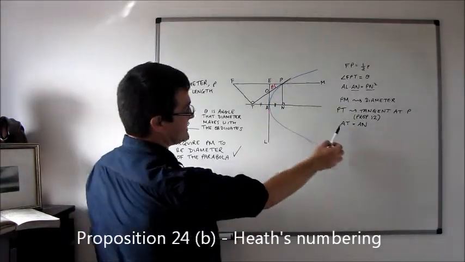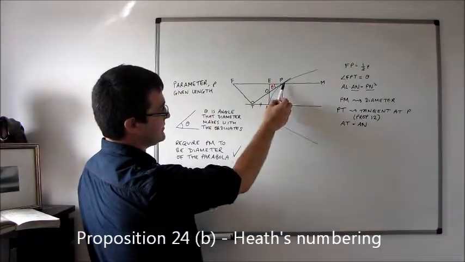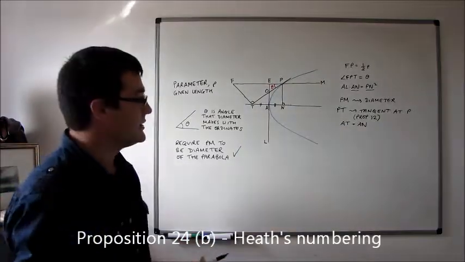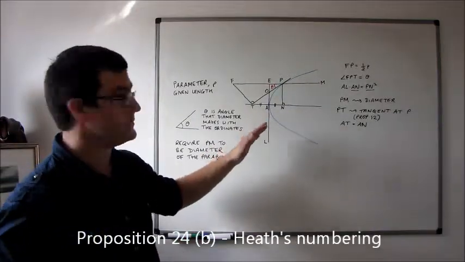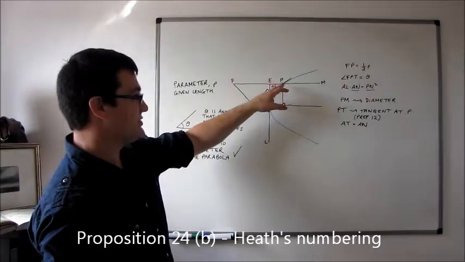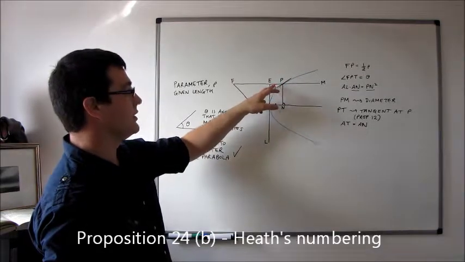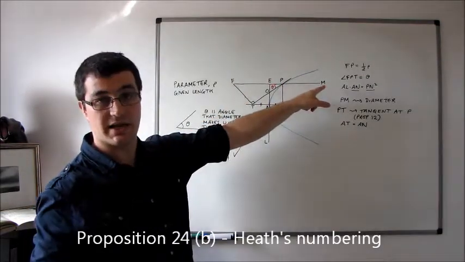It's really this that guarantees that PT is going to be a tangent line to the parabola. So this tangent line makes an angle of theta with this diameter PM.